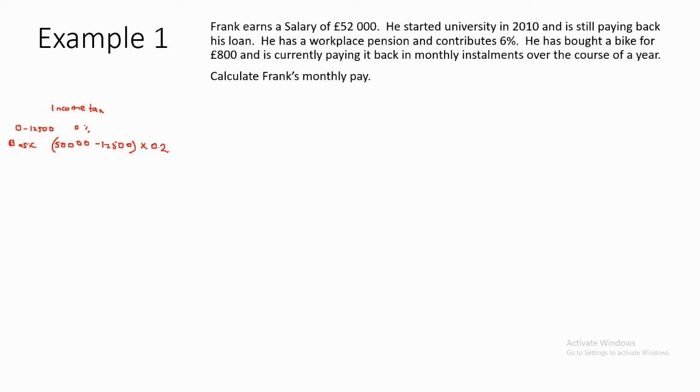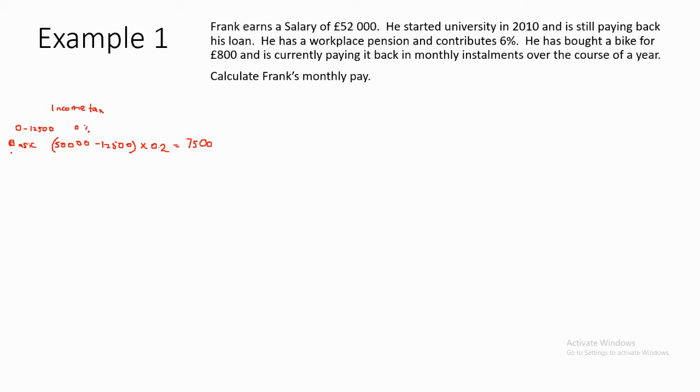So working that out, £37,500 times 0.2 gives you an income tax of 7,500. That's over the course of the year. Now we need to work out also the higher rate.